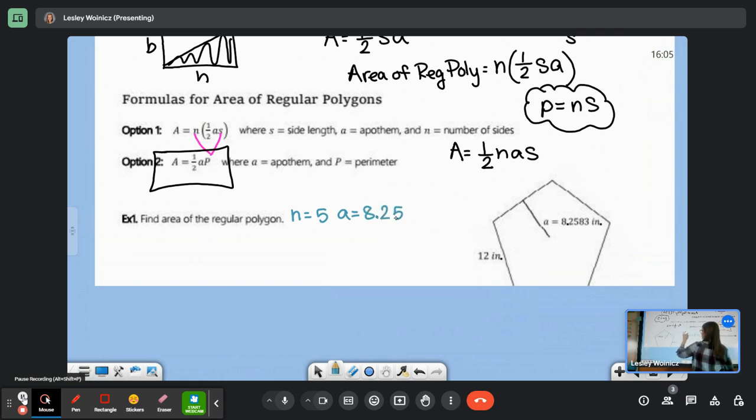Okay. Do we know the side length? Yeah. 12. Okay. Now, if we know the N and the S, do we know the perimeter? Careful. What do we do with them? We times them. Okay, so the perimeter will be 5 times 12, which is 60.